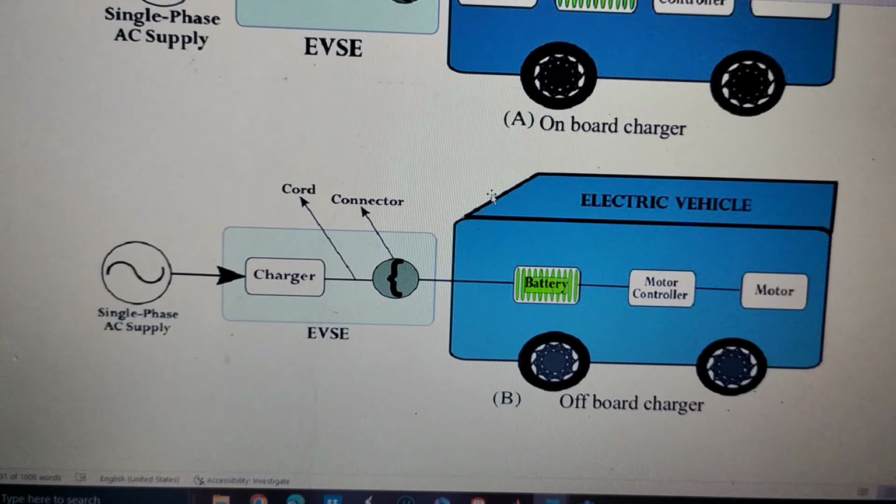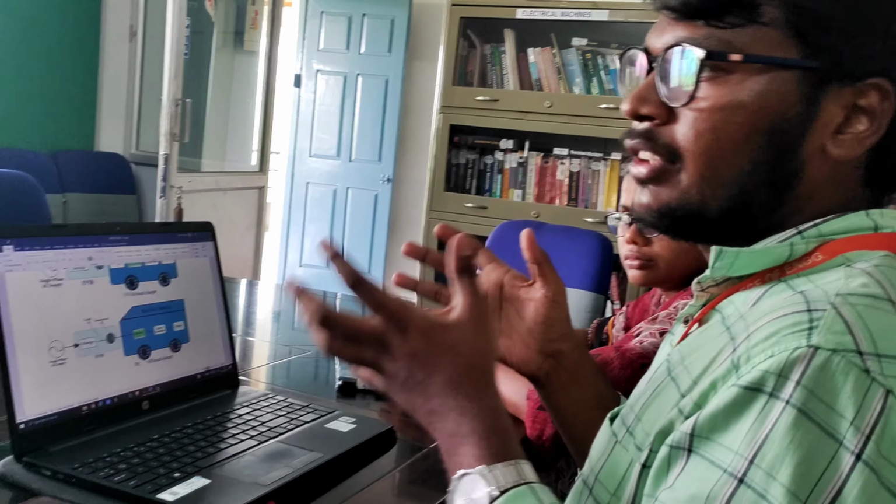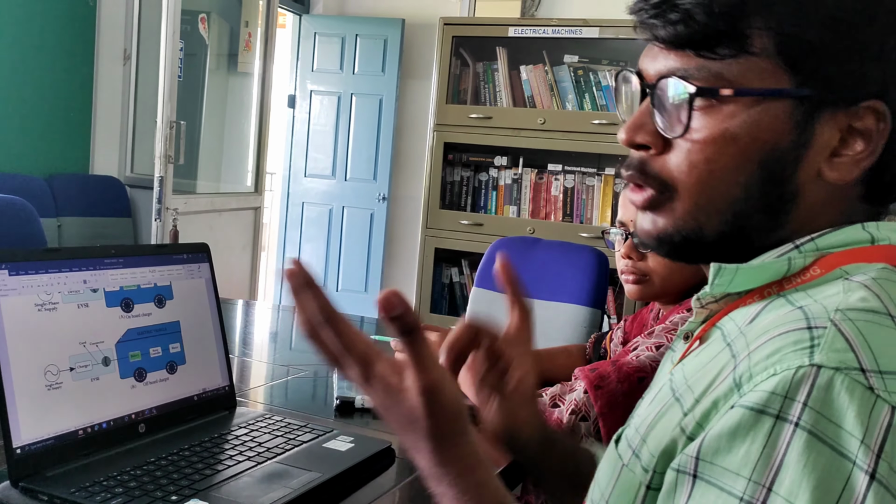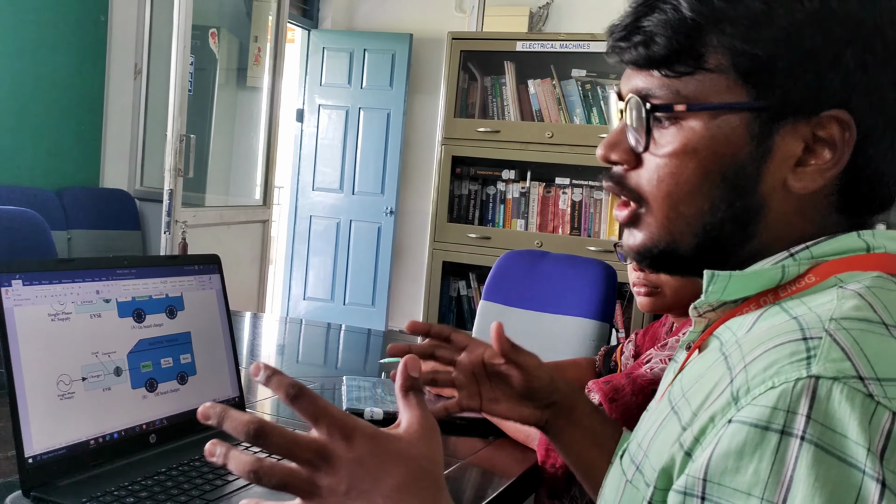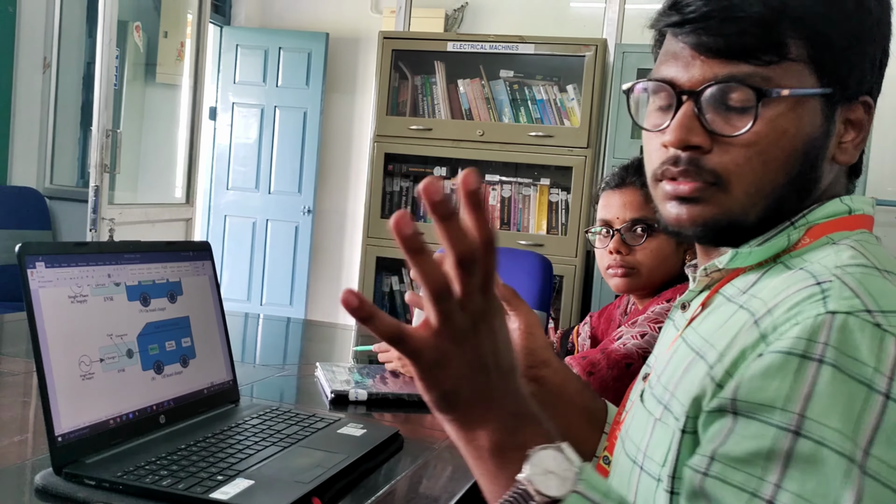So why are we using offboard charging? Charger weight also has an effect. Level 3 vehicles carry a very bulk amount of load, like buses and lorries, and they are very heavy. If the charger is also present on the vehicle, it will increase the weight further.